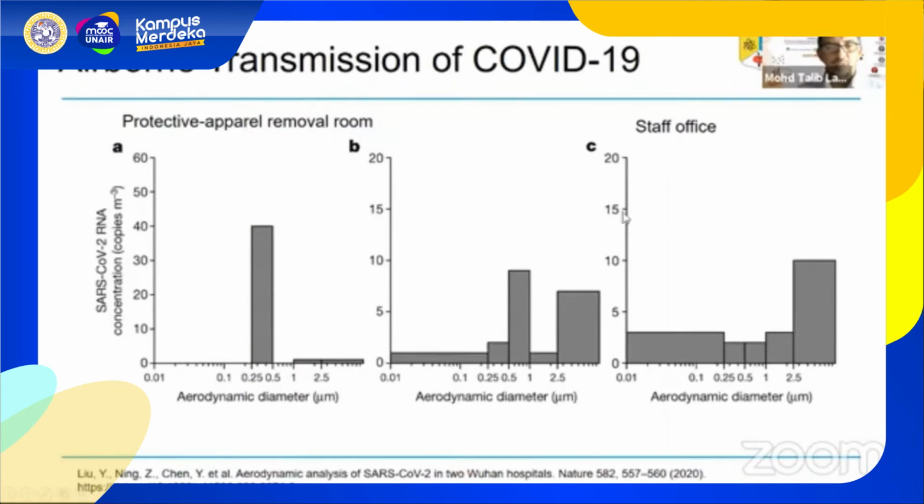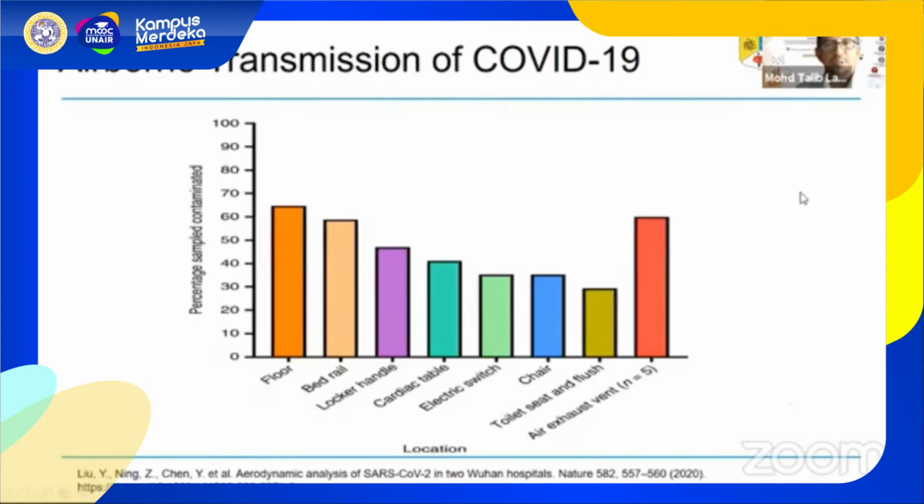It is a journal paper showing that COVID-19 can stay within an area, and this area usually has a very poor ventilation system.